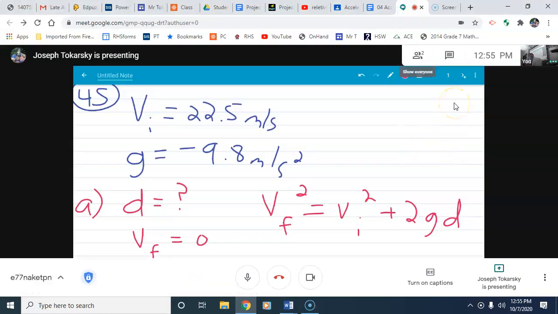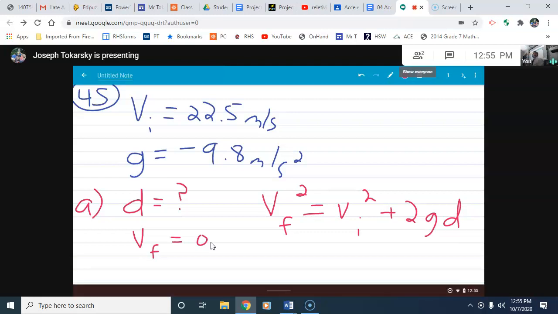Okay, back to that. So anyways, the key thing here was setting VF equal to 0 at the top. This equation knows that there's only one spot in reality using this equation where VF is 0, because nowhere else in this trip would VF be 0, right? On the way up to that peak, it's some positive value.